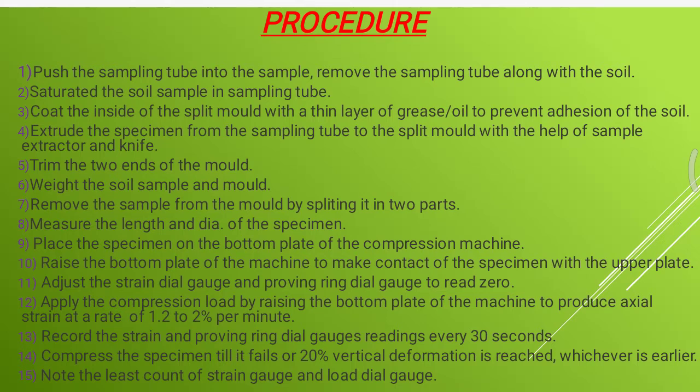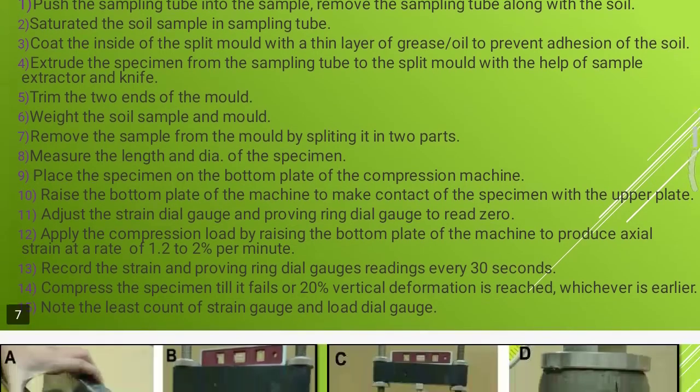Then record the strain and proving ring dial gauge readings every 30 seconds. Then compress the specimen till it fails or 20% vertical deformation is reached, whichever is earlier. Last, note down the least count of the strain gauge and load dial gauge.